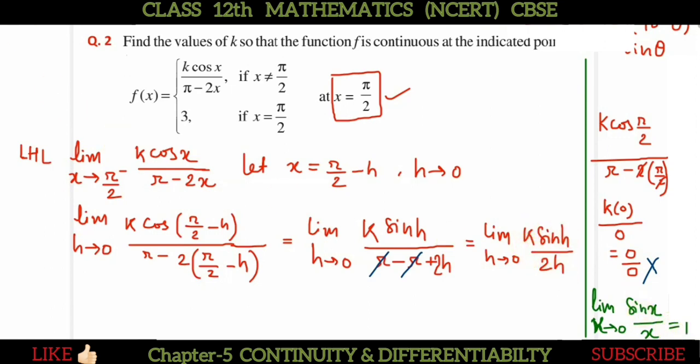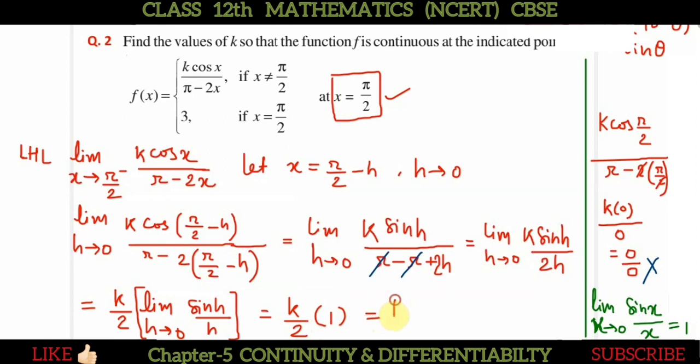So can we use that identity here to solve this question? We can take k by 2 out, and we are left with limit h tending 0 of sin h upon h. So this part will be 1 by the identity. So we have k by 2 into 1, and that is k by 2.